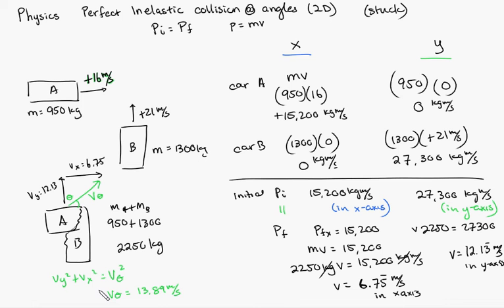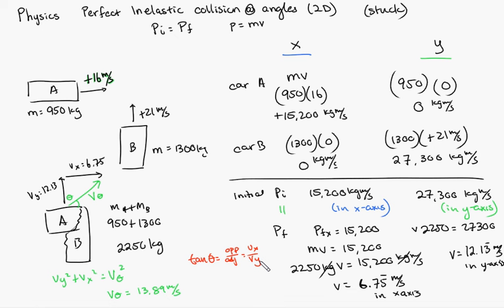So we got velocity at the angle, and we can also find the angle too. So remember, tangent is opposite over hypotenuse. So let me change my color so we can follow around. Tangent of theta in this case is opposite over adjacent. In this case, Vx over Vy. So just plug in those values. 6.75 divided by 12.